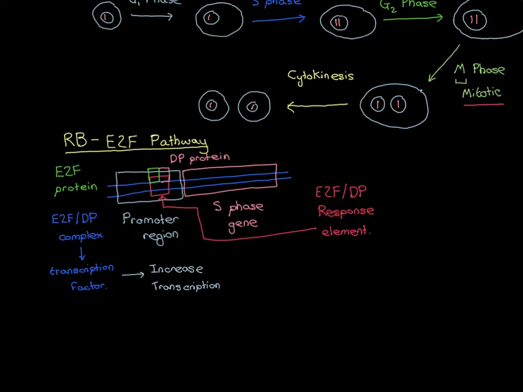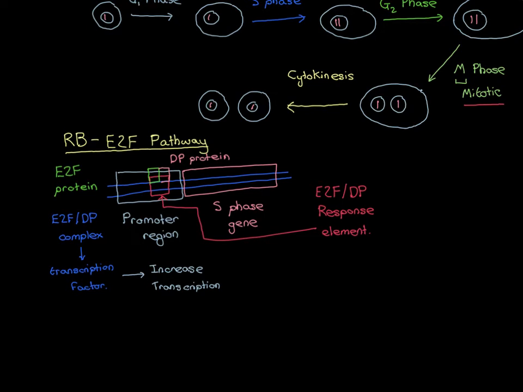However, this is not quite the end of the story, because the reality is that E2F DP complexes are always bound to the E2F DP response elements in the promoter regions of the S-phase genes. So that scuppers that simple story that I was just telling you. All of the S-phase genes have in their promoter region this E2F DP response element, and the E2F DP complexes are always bound on that E2F DP response element.